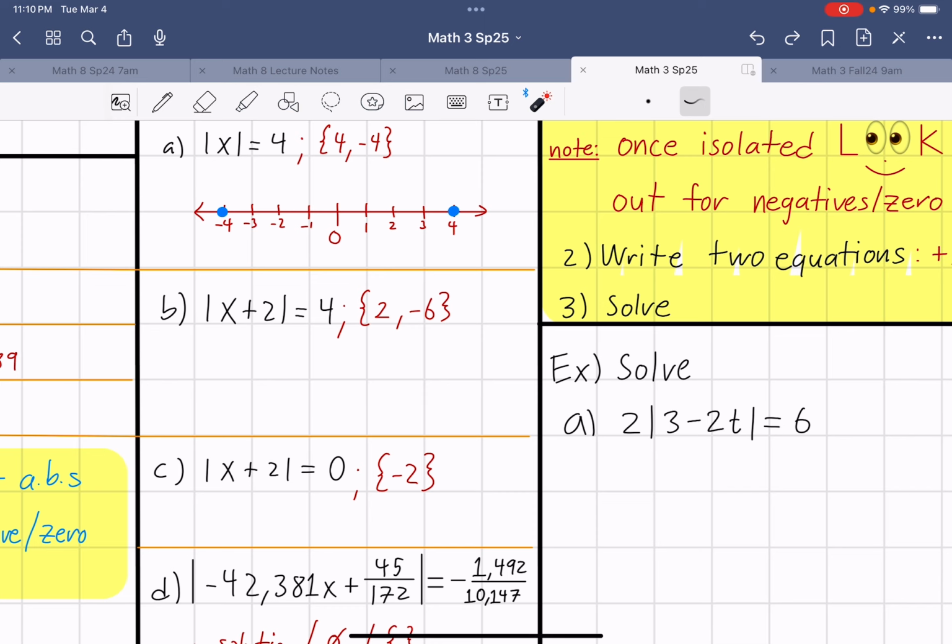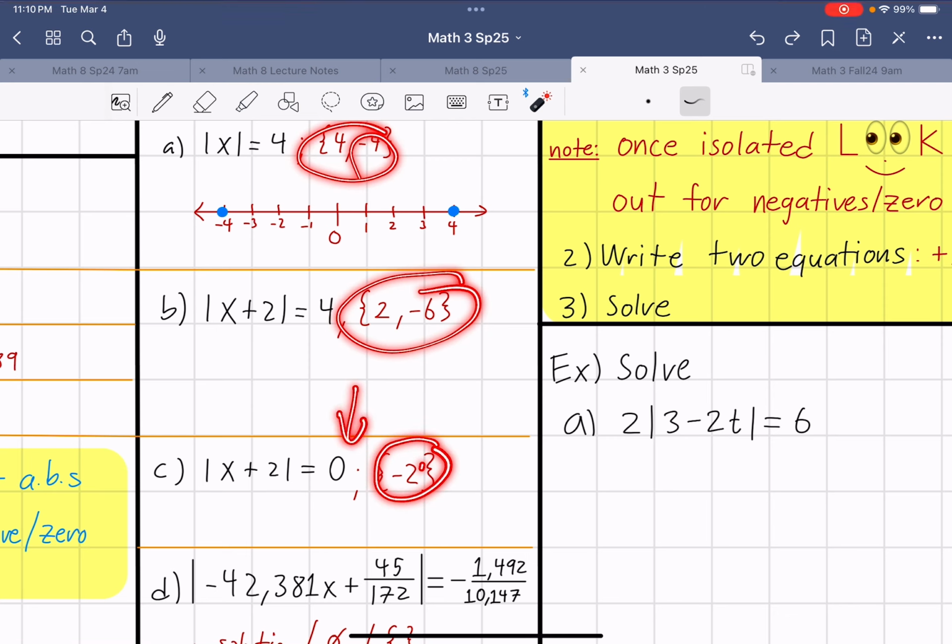But that's why you want to think about these problems. It's not just as simple as follow step 1, 2, 3 and you get an answer. Sometimes you get your answer earlier on if you can interpret the equation. Now, why look out for 0? Well, because if you notice, we went from having 2 solutions to only 1, and that's because of 0.